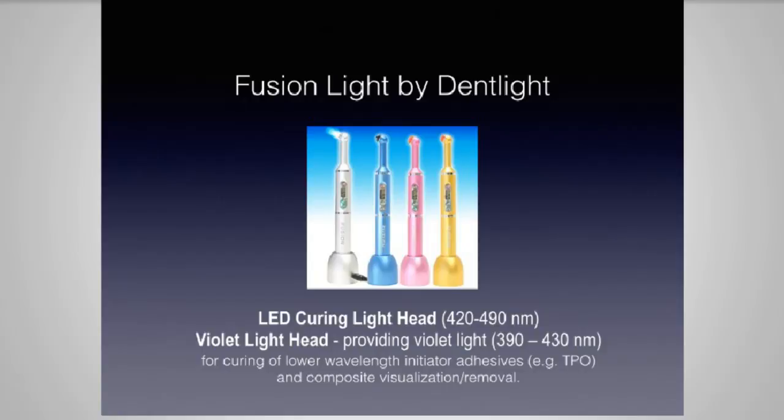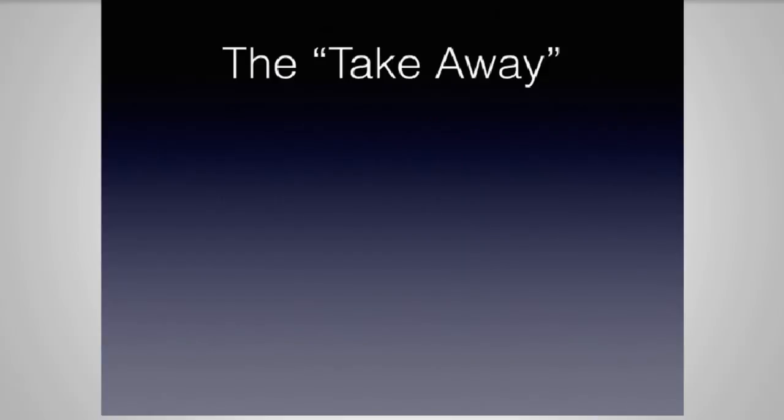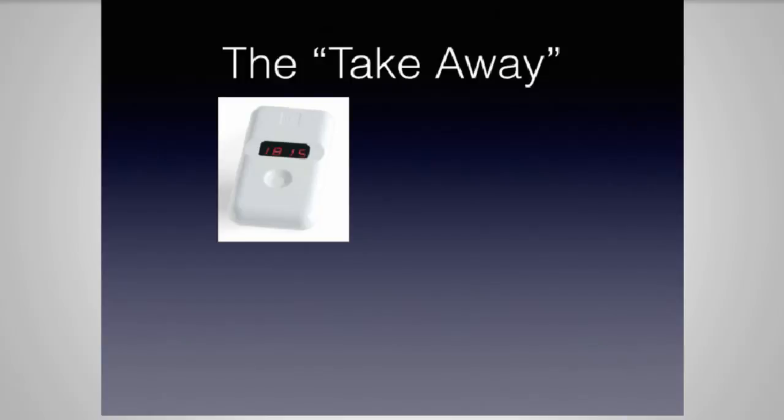So the takeaway from this section of the discussion this evening is that you need to check your light with a digital radiometer every single day. If you're using a radiometer that just gives you several blips of light on it, do you really know what each one of those lights on your indicator means?